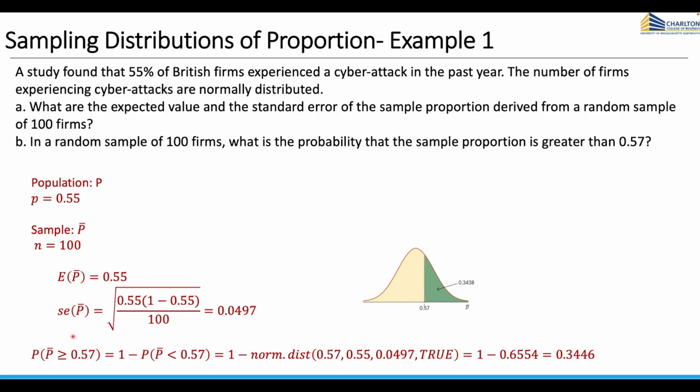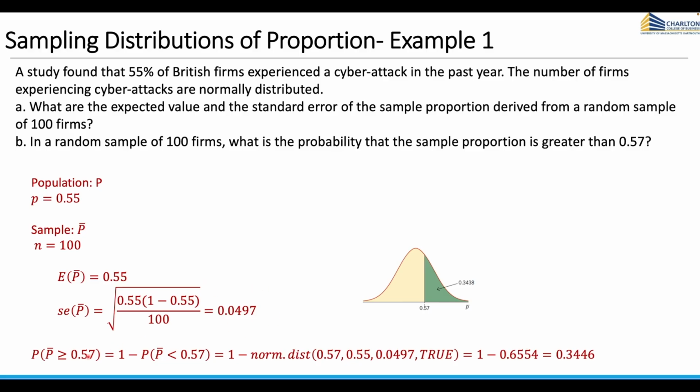We can update the mean and standard deviation for the sampling distribution. The expected value, or the mean of the sampling distribution of proportion, equals p, 55%, and the standard error is the square root of p, 55%, multiplied by 1 minus p, 1 minus 55%, divided by n, which is 100, and that gives us 0.05.